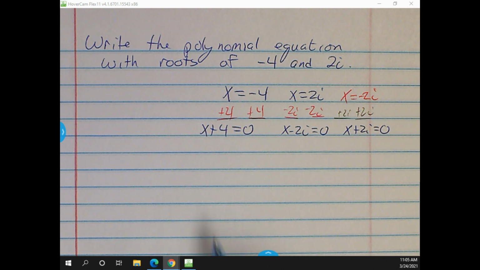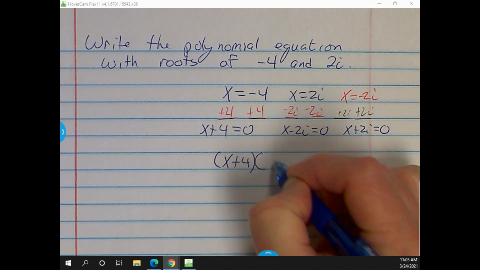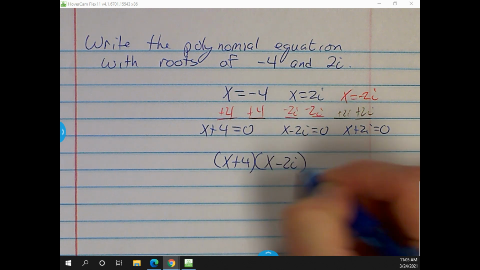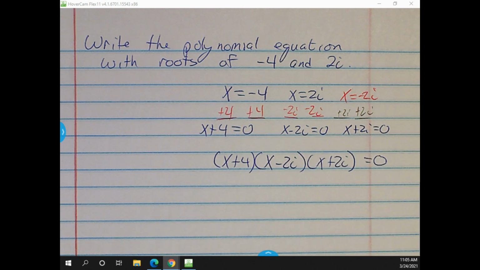Okay, and then once you've got them all set equal to 0, then you bring them all back together in parentheses. And then we're going to multiply all that together.